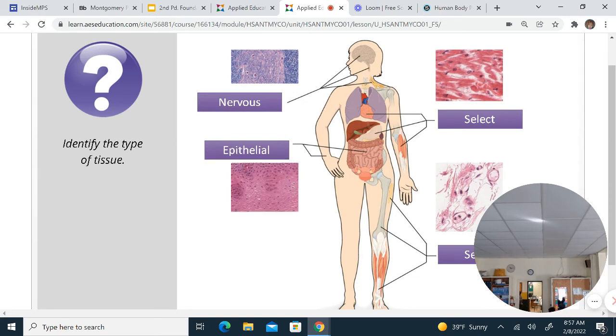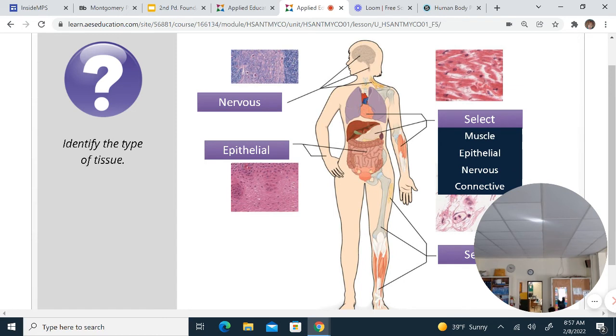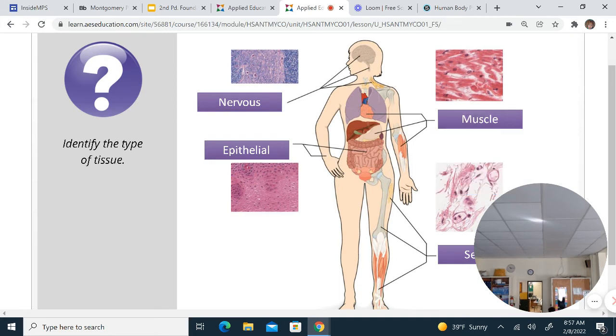This one is pointing to your organs and muscles. Somebody say something? No? And then this one is pointing to like your bones.